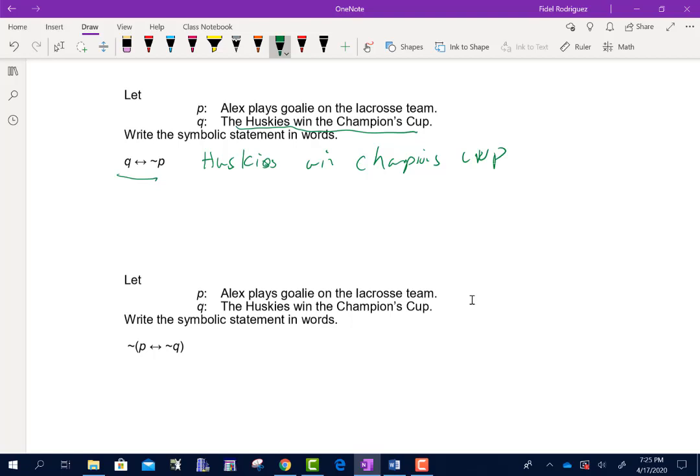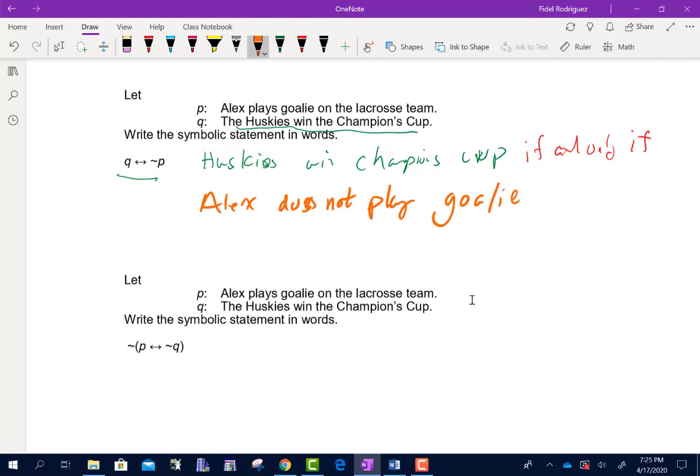And then we have the double arrow, so I'm going to say if and only if it's a not P. So not P is going to say if Alex plays goalie, Alex does not play goalie on the lacrosse team, right?